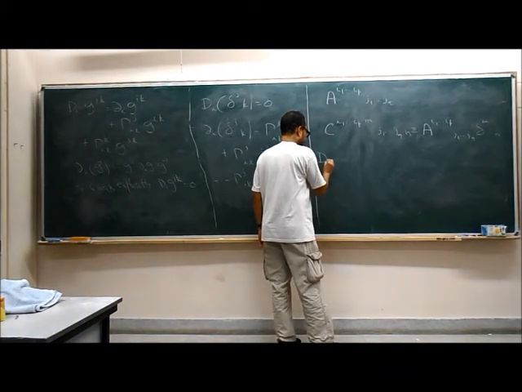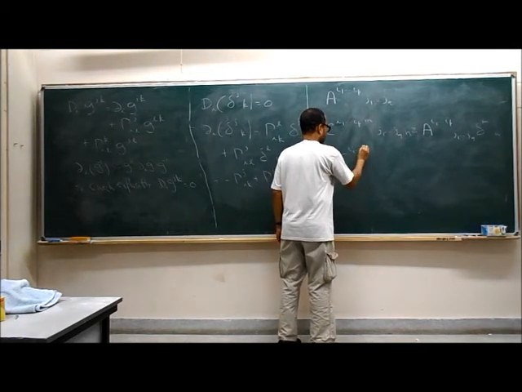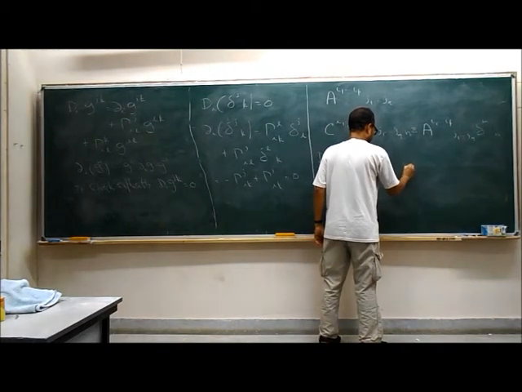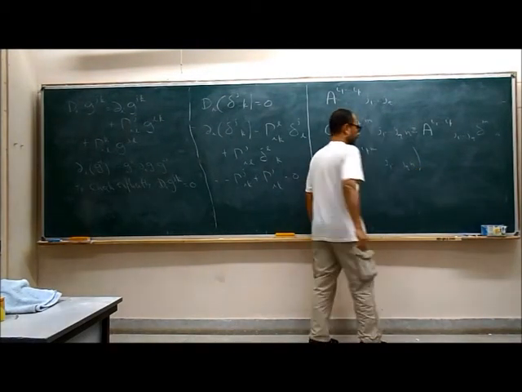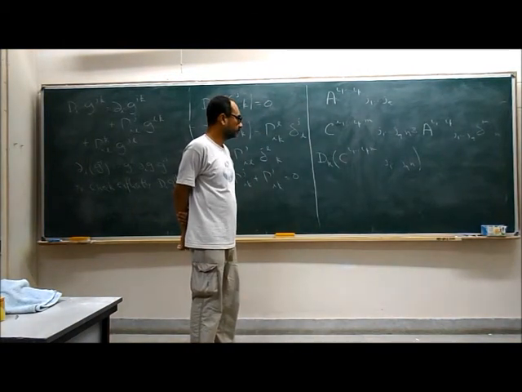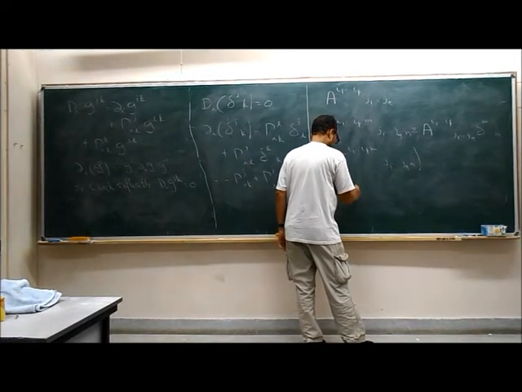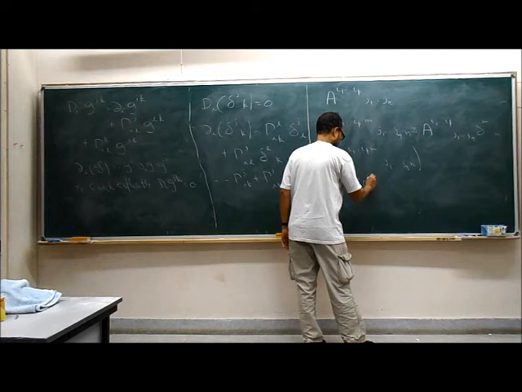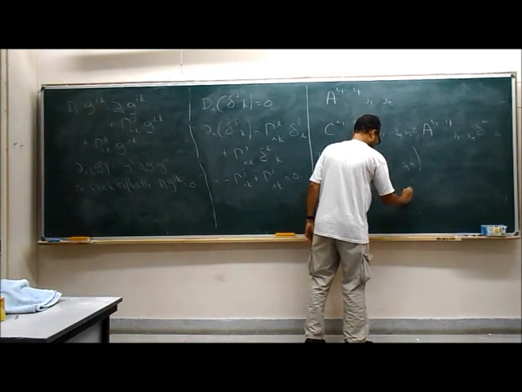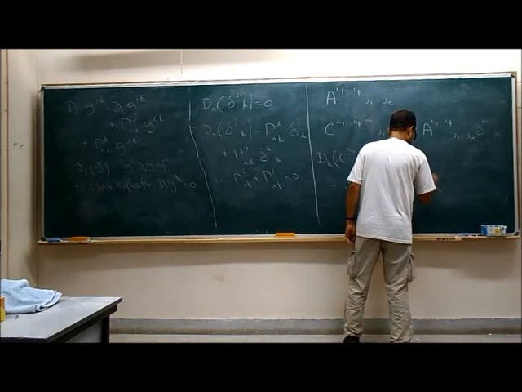So now let's calculate ∇_k of C^{i1...ip m}_{j1...jq n}. This is given by ∇_k of A^{i1...ip}_{j1...jq} δ^m_n.